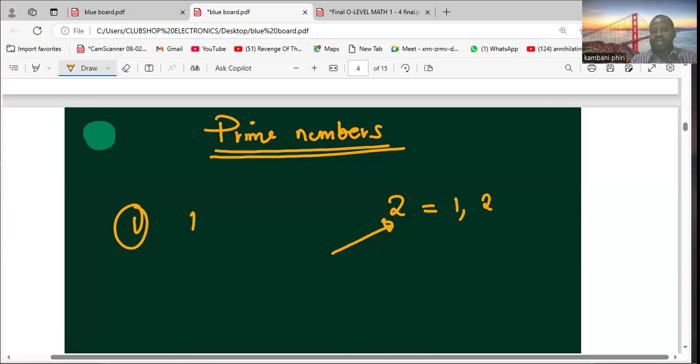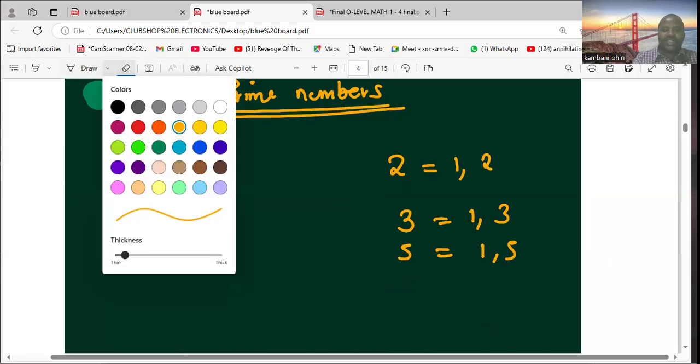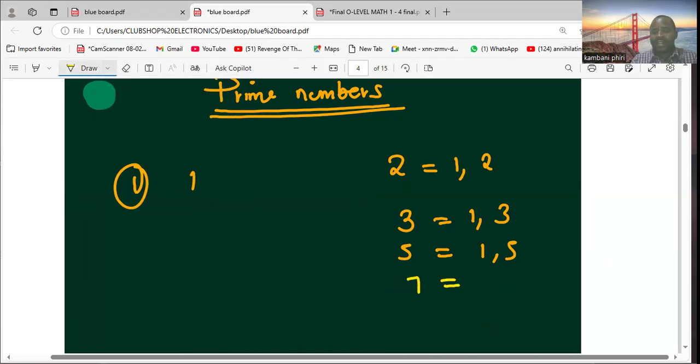Look at 3. You have 1 and 3. You look at 5. You have 1 and 5. How about 1? 1 only has one factor. So this one does not qualify to be a prime number because it only has one factor. So a prime number should have two factors: 1 and the number under consideration. If you look at the next one, let's say 7, 7 has got 1 and 7 as its factors.